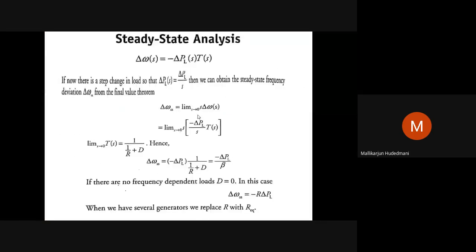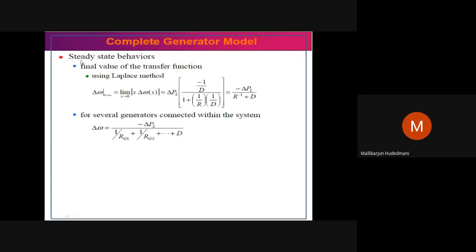The same thing I have on one more slide, which I'll show you here: steady state behavior in a different way. Delta omega steady state equals S into delta omega S, S tending to 0. The same function. Wherever there was an S, S is put as 0. So you will find delta PL times 1 by R plus D. This is what I have.